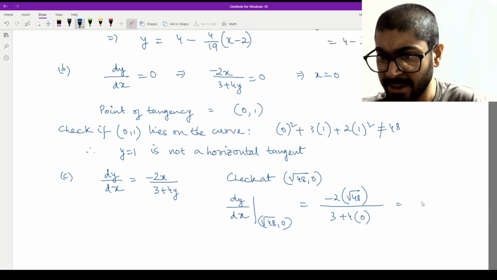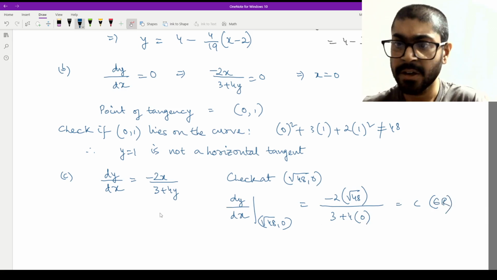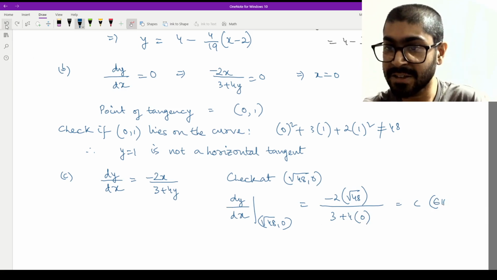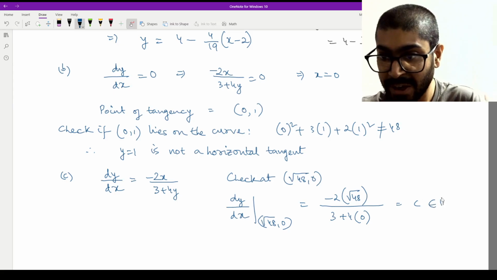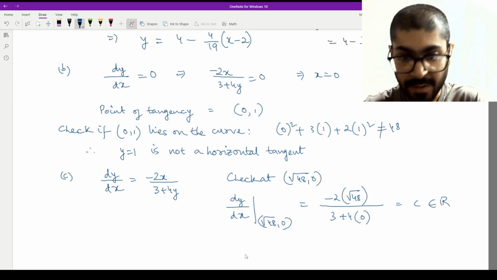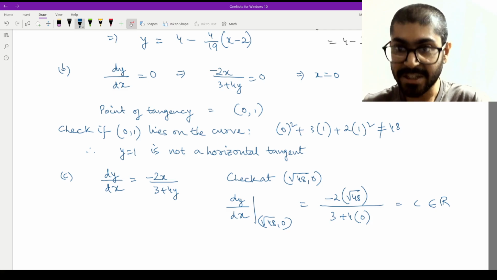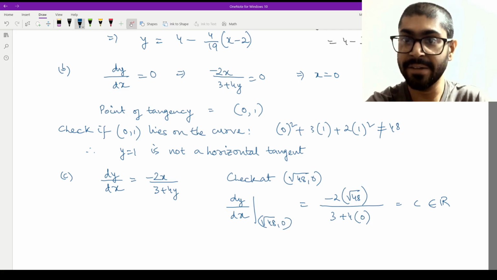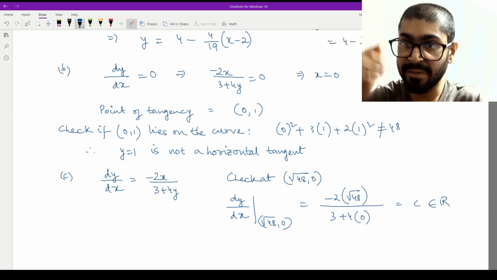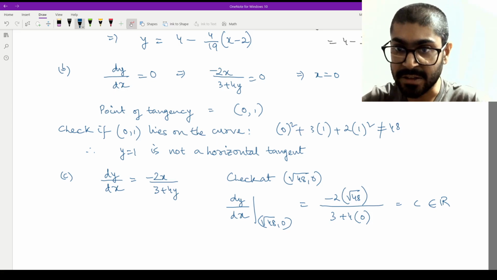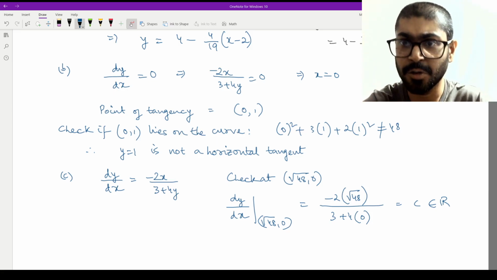This exists, right? This is some constant c which belongs to real numbers, isn't it? Now since the value exists here, that means it cannot be a vertical tangent. A line is a vertical tangent or an asymptote only if the derivative at that particular point does not exist. Here it exists. So the denominator is non-zero.